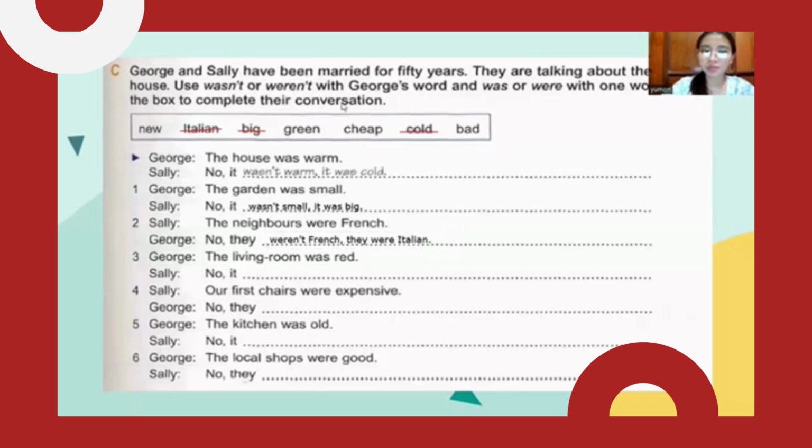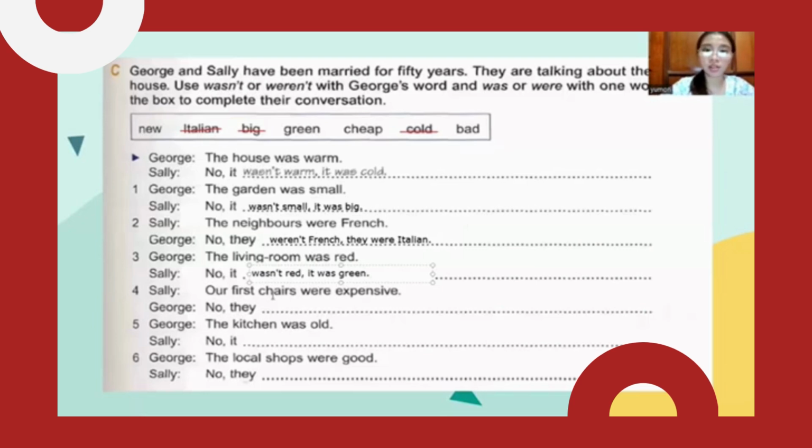And number 3. George said the living room was red. Okay? The room was red. But Sally said no. It wasn't red, comma. And what is the another word? Okay, so if the room wasn't red, what color was it? Yes. So it was green.